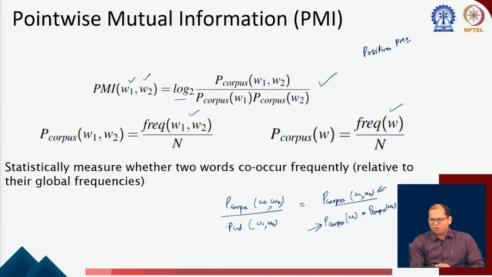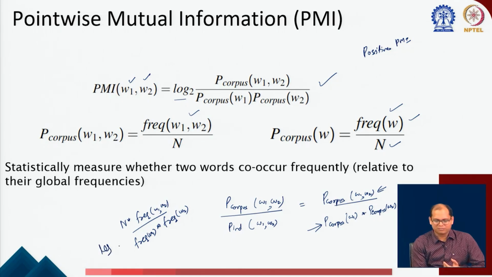Individual probabilities are easy to get: the frequency of the word in the corpus, the number of times this token has occurred, divided by the number of tokens in the corpus. So if you actually work out this formula, it is simply N times frequency of W1 W2 divided by frequency of W1 times frequency of W2, and then you take a log with base 2 or 10, whichever you want to use, okay.